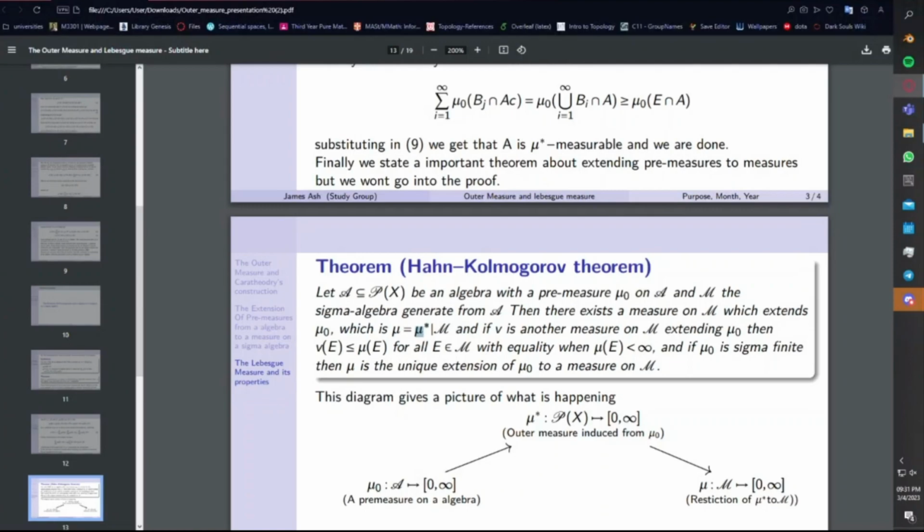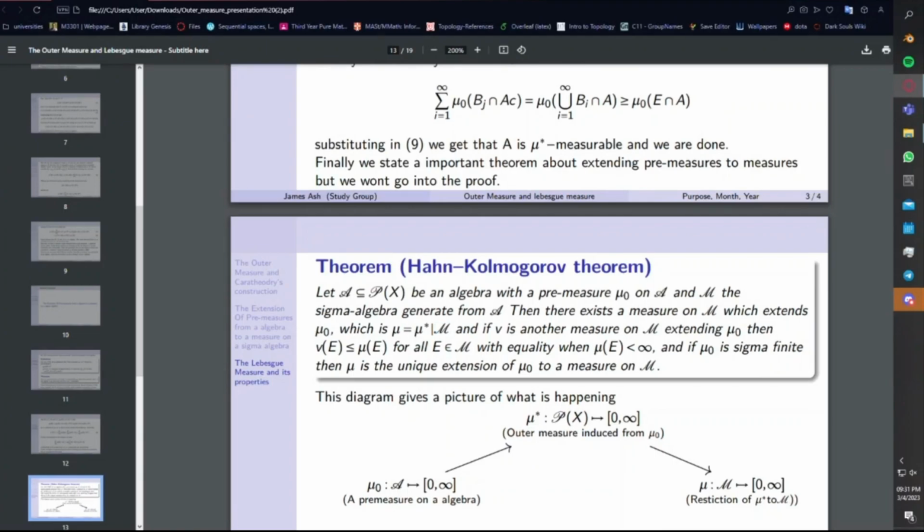And this measure actually is going to be the restriction of the outer measure to the sigma algebra generated by A. Something important: this doesn't have to be every mu star measurable set. In fact, the mu star measurable sets could be much bigger than this set.